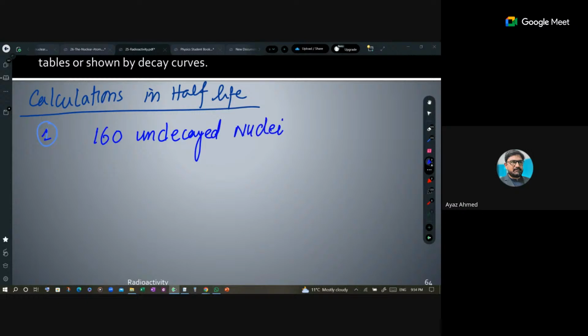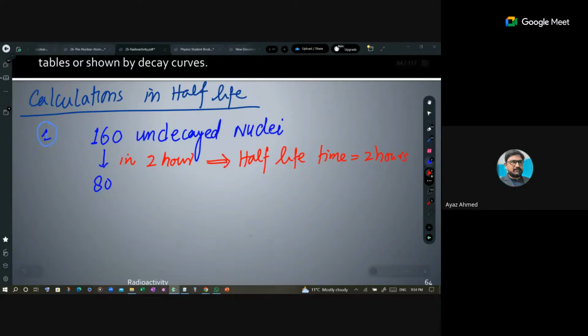Okay, and they decreased to 80, right? In how much time? In 2 hours. If in 2 hours they decrease to 80, then what is their half-life? The half-life is 2 hours.